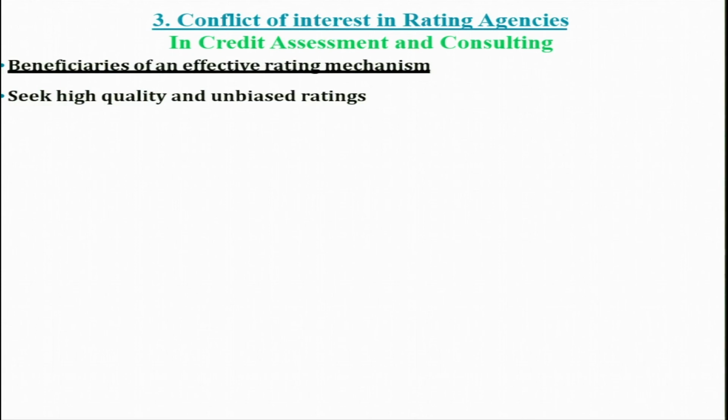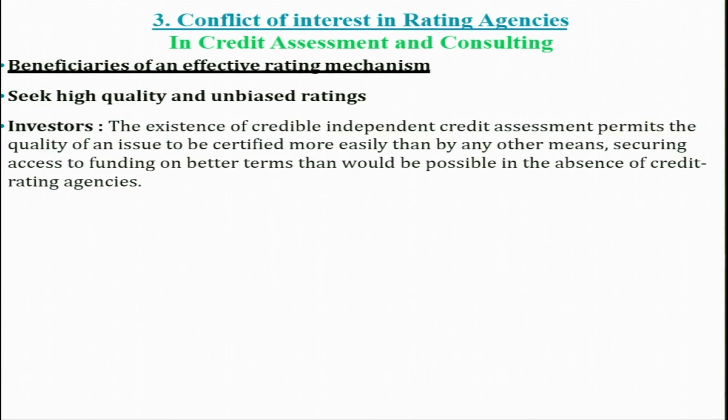One beneficiary of credit rating is the investors, because the existence of credible independent credit assessment permits the quality of an issue to be certified more easily than by any other means, securing access to funding on better terms than would be possible in the absence of credit rating agencies.